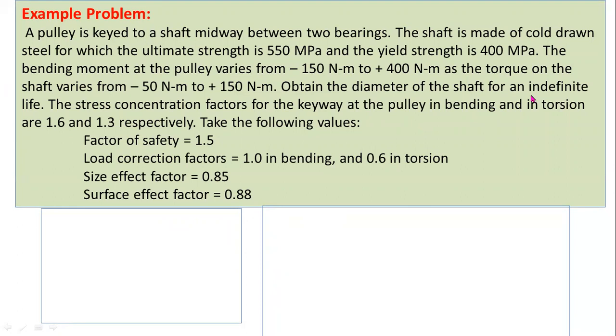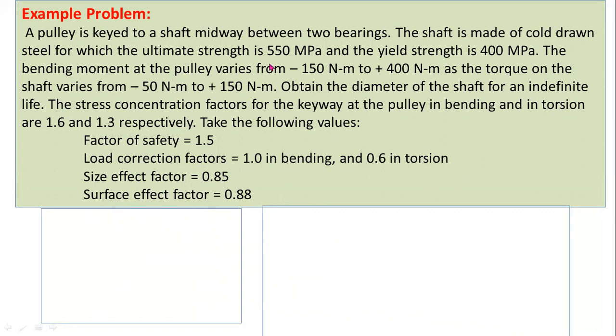Obtain the diameter of the shaft for an indefinite life. The stress concentration factors for the keyway at the pulley in bending and in tension are 1.6 and 1.3 respectively. Take factor of safety equal to 1.5, load correction factors equal to 1.0 in bending and 0.6 in torsion, size effect factor equal to 0.85, and surface effect factor equal to 0.88.